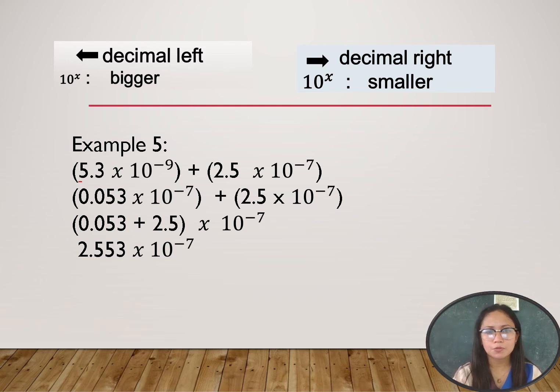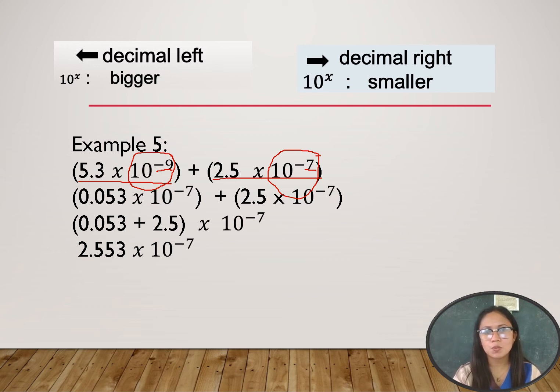So we have here our first scientific notation has the second factor 10 to the power of negative 9, and our second scientific notation has the second factor 10 to the power of negative 7. So still, they have different exponents. So what are you going to do? We need to rewrite this scientific notation in the sense that the second factors have the same exponent.